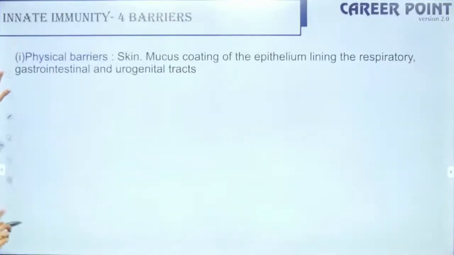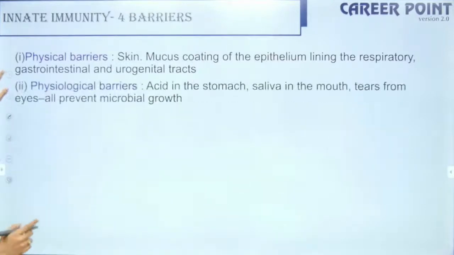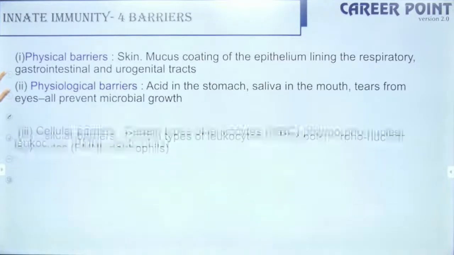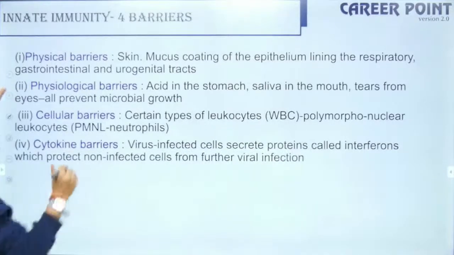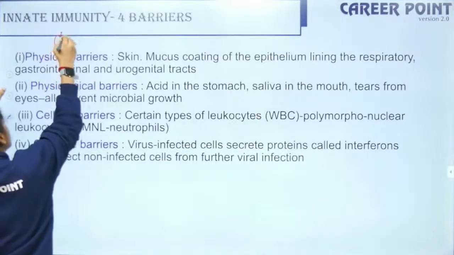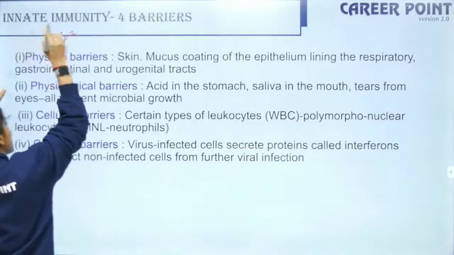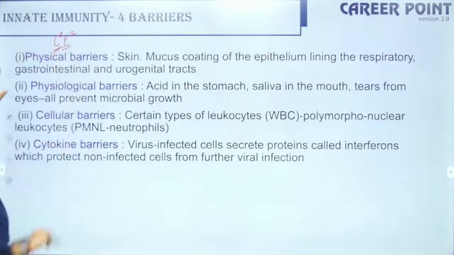First is physical barrier, second one is your physiological barrier, third one is cellular, and the fourth one is cytokine. So it is C square P square: cytokine, cellular, physical, physiological. Okay, so this is very, very, very important with respect to your CBSE board as well as with respect to your NEET exam.